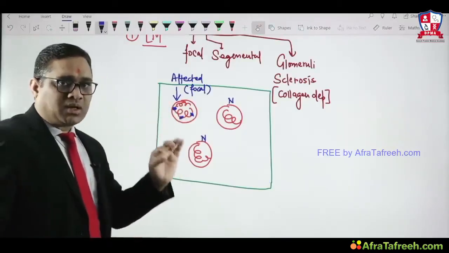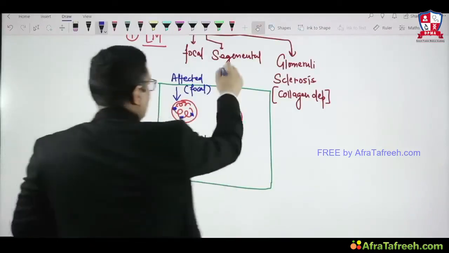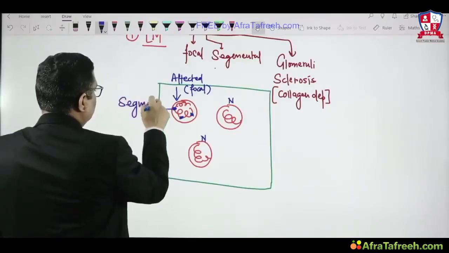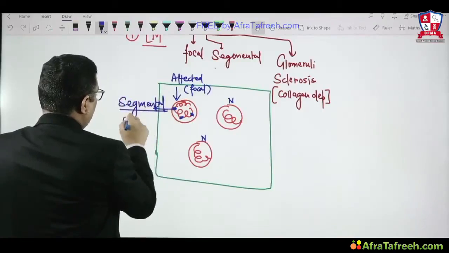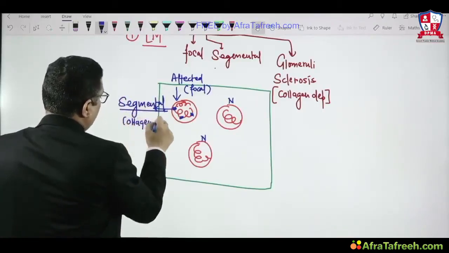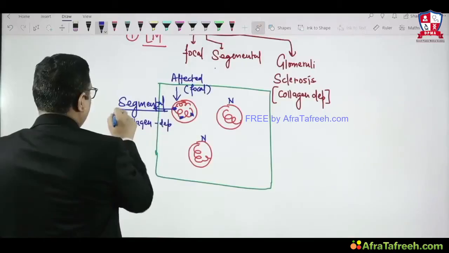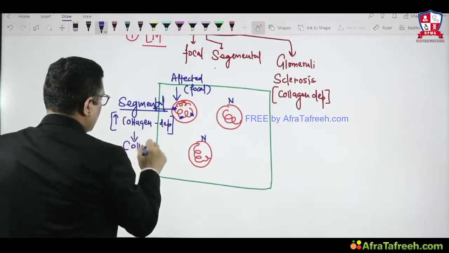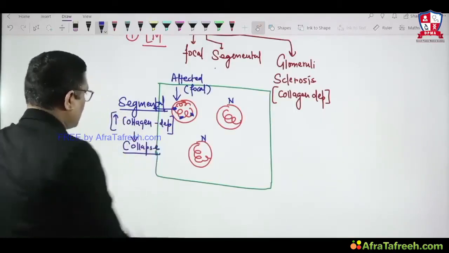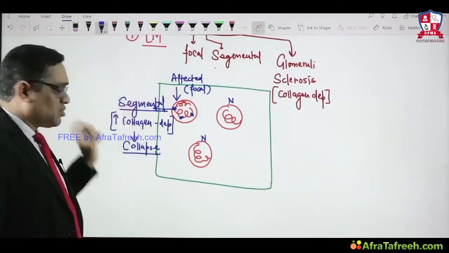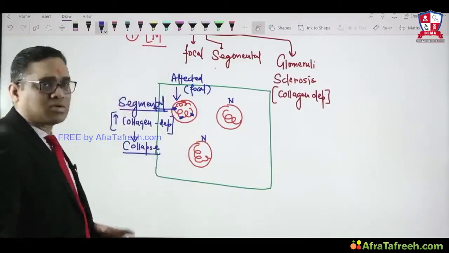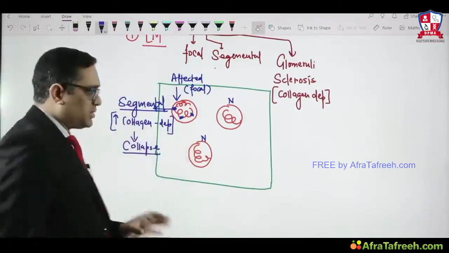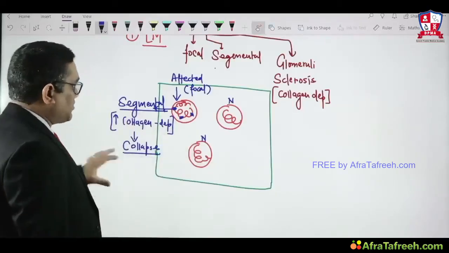Some segment of the capillary is affected. And the problem is collagen deposition: in this segment collagen deposition is in excess, and that is why there is a collapse of the glomeruli. So focal segmental collagen deposition is causing collapse of the glomeruli. This is the finding you will see in the light microscopic view.